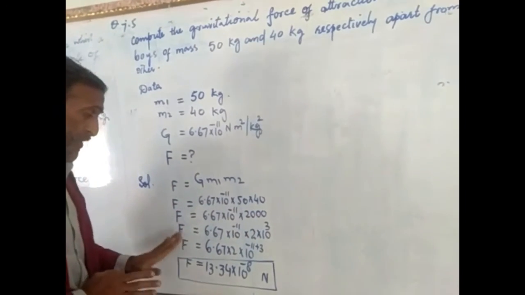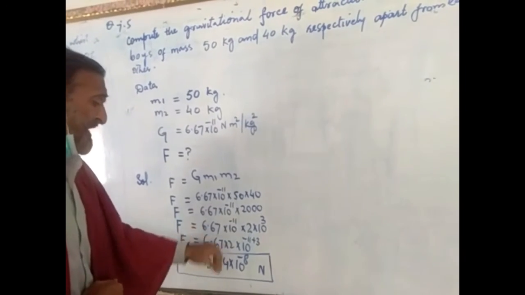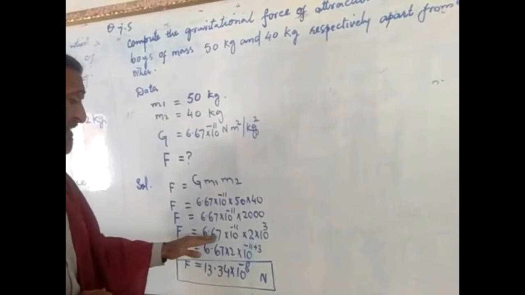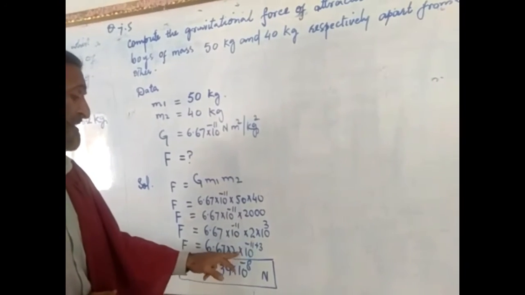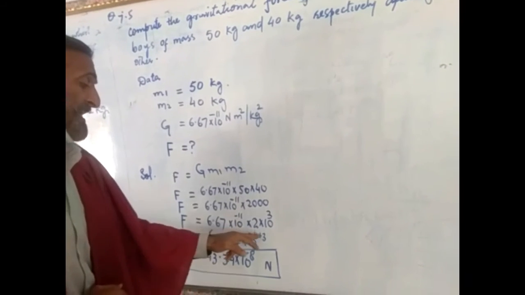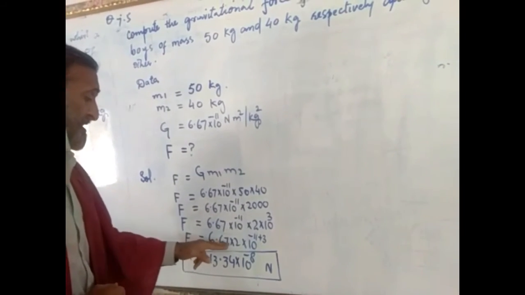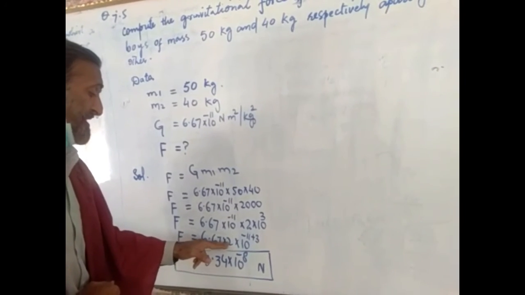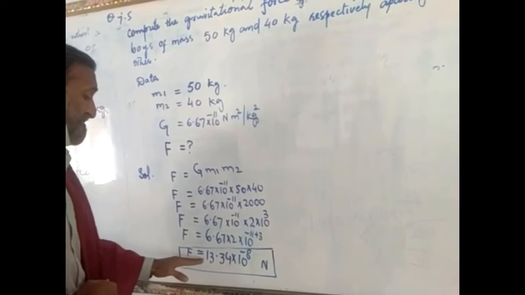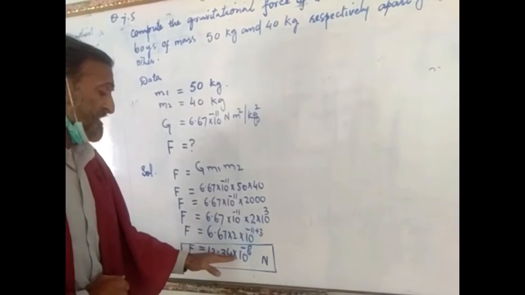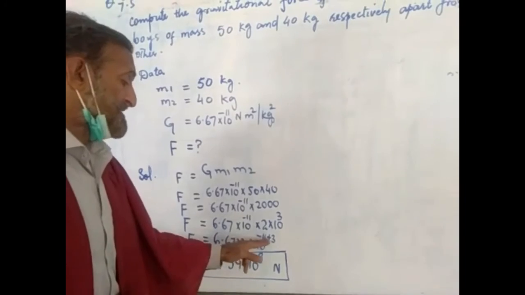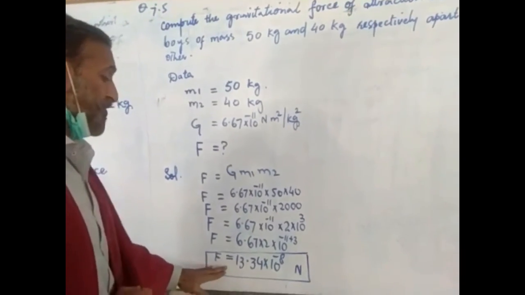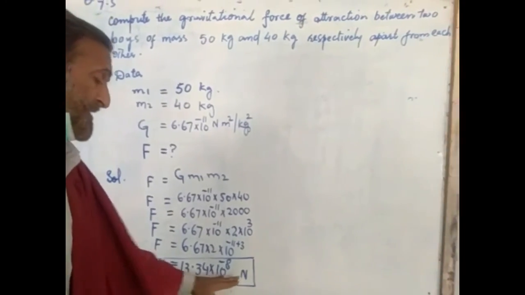The bases are similar, so their powers will be added. 6.67 multiplied by 2 multiplied by 10 power minus 11 plus 3. When 6.67 is multiplied by 2, it will become 13.34 into 10 power minus 11 plus 3, which is minus 8. This is the gravitational force, which is taken in Newton. Thank you.